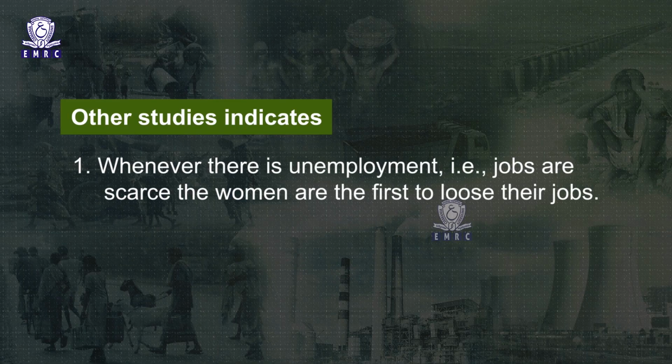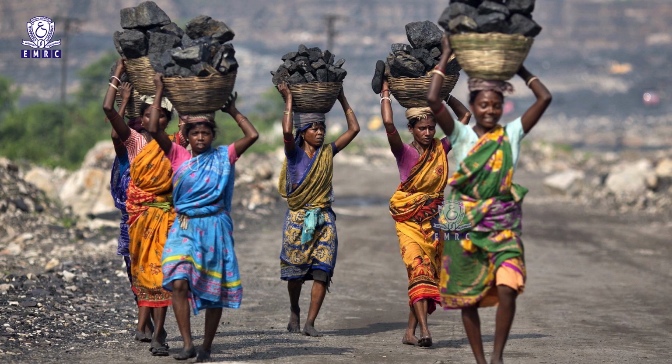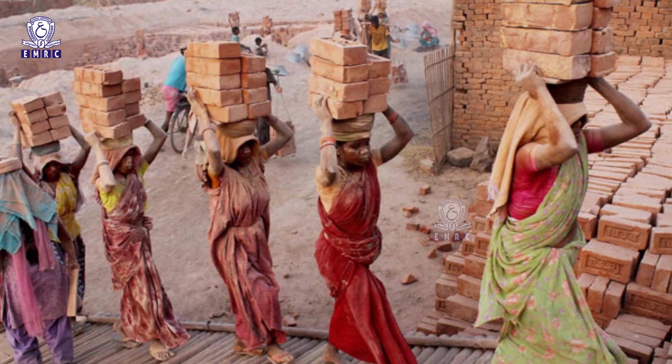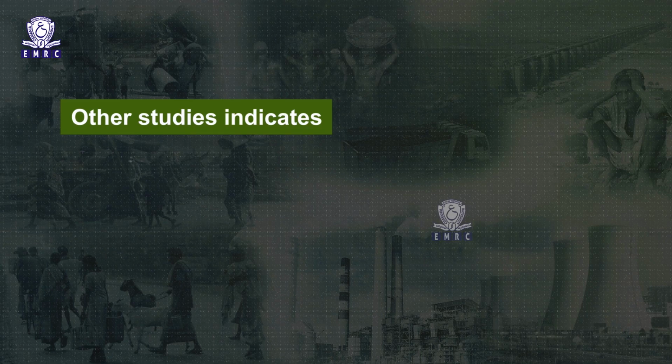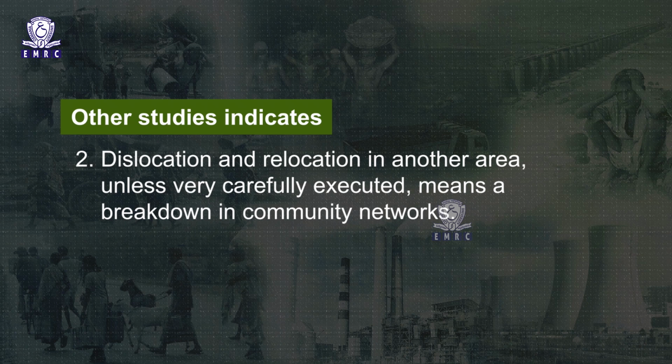And the studies indicate that whenever there is unemployment, that is, jobs are scarce, the women are the first to lose their jobs. The women find that they have to settle for unskilled wage labor, which is often irregular and underpaid. And secondly, dislocation and relocation in another area, unless very carefully executed, means a breakdown in community networks.